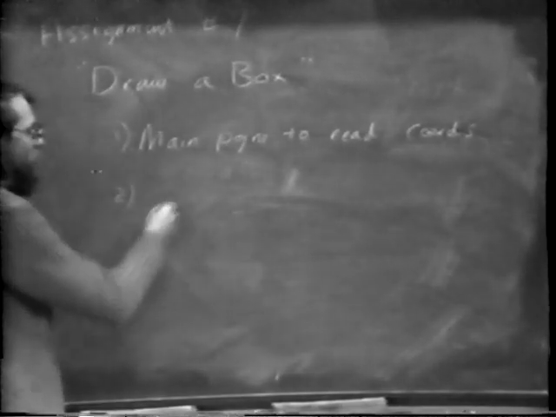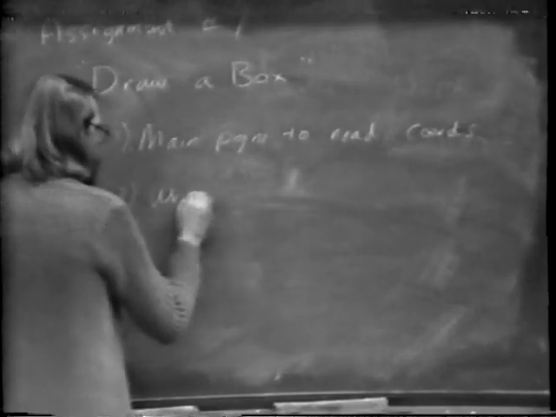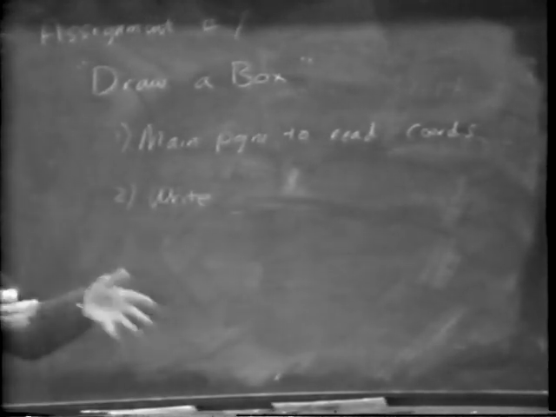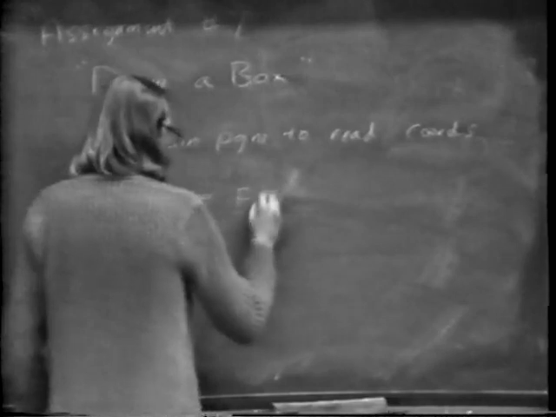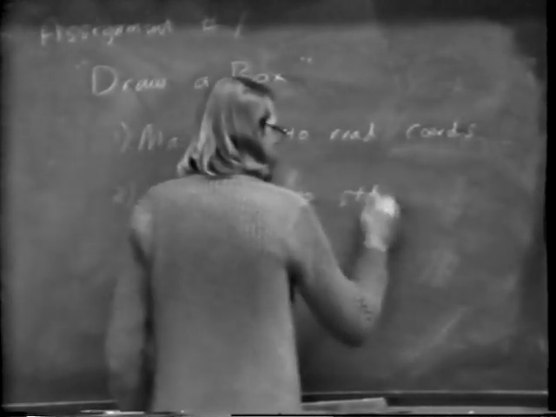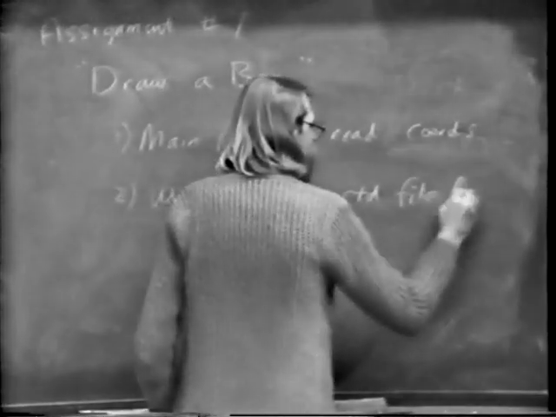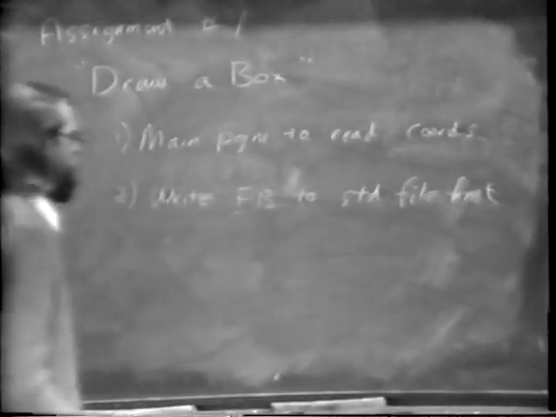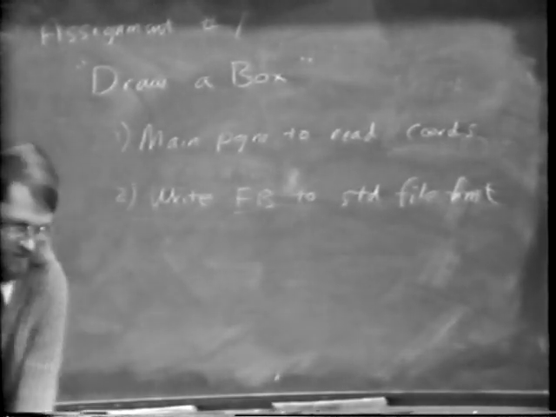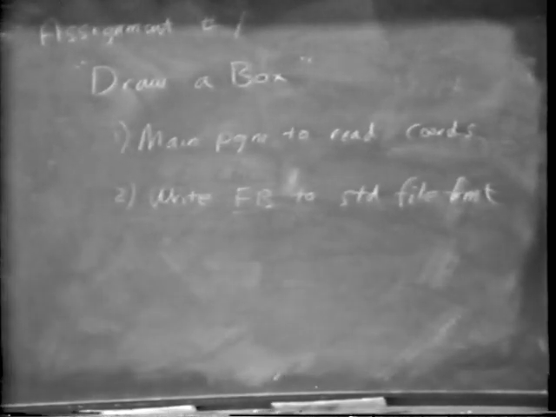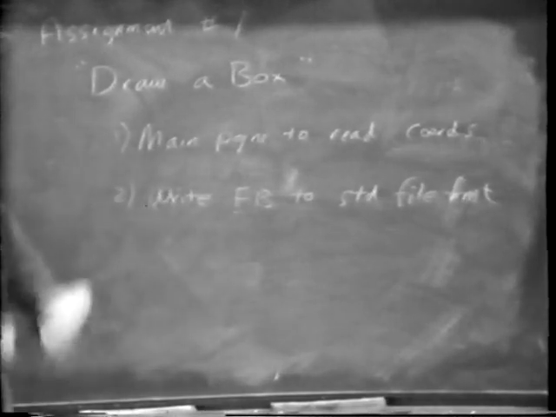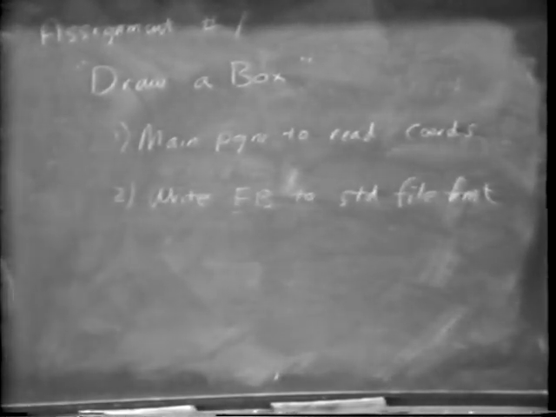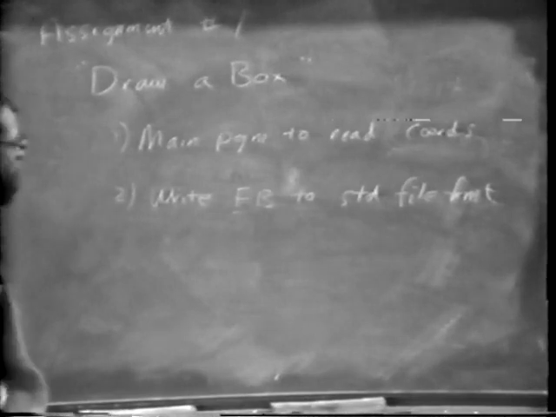And then when the thing finally runs out of data, you write out the simulated frame buffer array in the appropriate standard file format so that you can then run one of the post processors, which you will find out about shortly, to see the actual picture. And if you have several different boxes overlaid on top of each other, the later ones will just blot out the boxes that were there before.